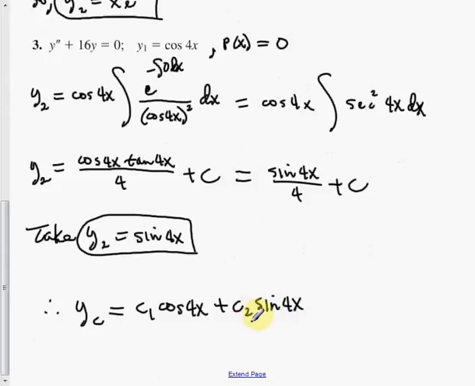That c sub 2 could be 1/4. When you plug that in, this form of the solution is the format that comes from the superposition principle, and so it takes into consideration all of these constants and coefficients.